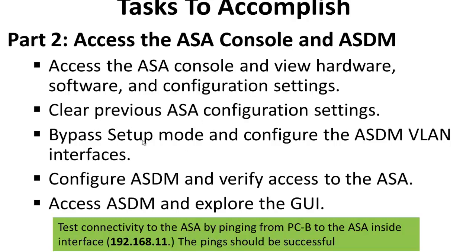We will bypass any setup mode and configure the ASDM, verify access to the ASA, and finally we are going to explore the graphical user interface on the ASDM and check some of the functionalities available for us. And in this part we are going to test connectivity to the ASA by pinging from the internal computer.